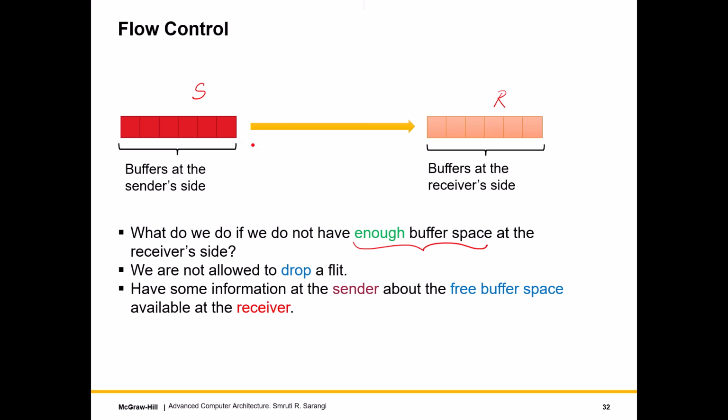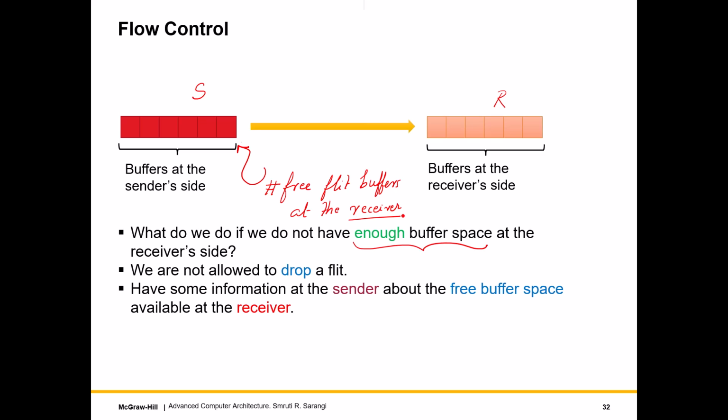So the only way to do that, which basically means that I'm sending some information in terms of flits, and the flits can be stored at the receiver, means you need some information at the sender indicating the number of free flit buffers at the receiver.